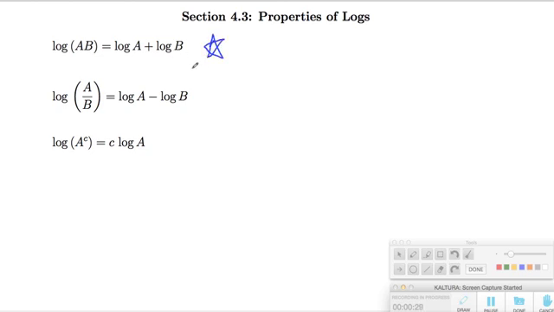The quotient rule, log of a over b is log of a, and this time it's minus log of b. And the third property of logarithms is that you can move any exponents down and it becomes multiplication. So log of a to the power c is actually c times log of a.